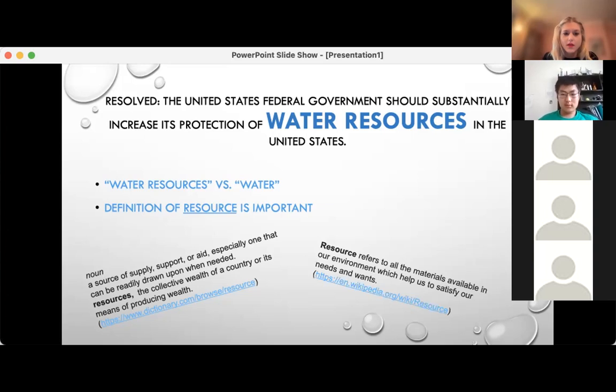And then this definition I got says resource refers to all the materials available in our environment, which helps us to satisfy our needs and wants. So I feel like both of these definitions sort of mirror the two definitions that were given to us by Tony and, I don't know your first name, whoever was V McIntosh.